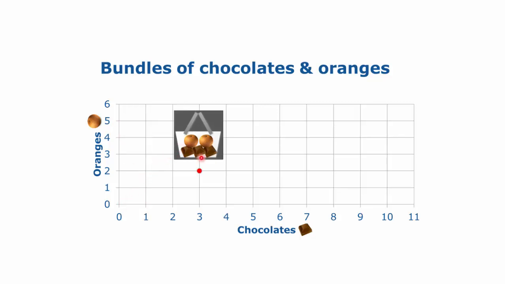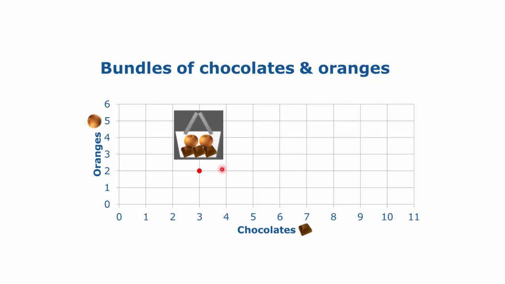And then I have yet another point here. You see this third point here that I'm considering. Here I have a bundle containing 3 chocolate bars and 2 oranges. So remember, the point is just so that you can visualize the fact that every single point in this space represents a bundle of consumption. And the idea here is that each bundle of consumption will make me more or less happy.